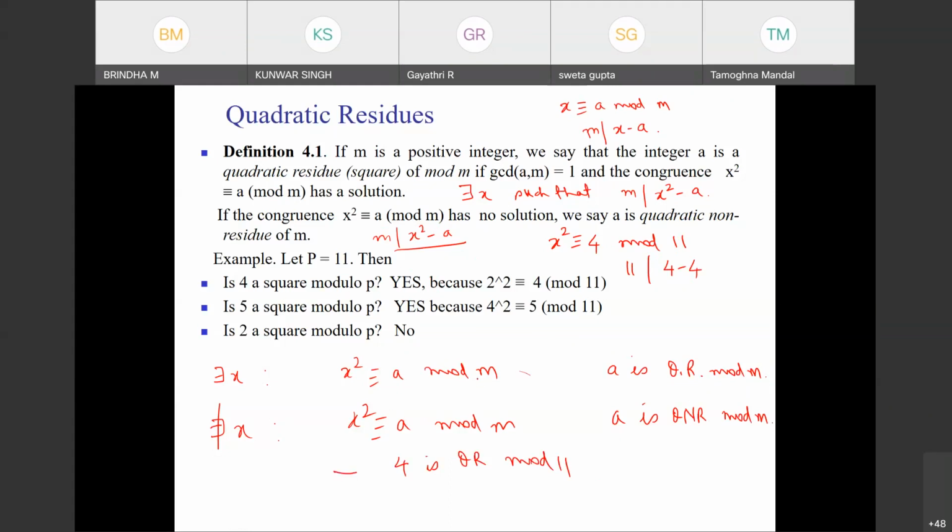Now similarly 5. Let's see, can you have X square congruent 5 modulo 11? Can anyone tell the value of X that will satisfy this equation?